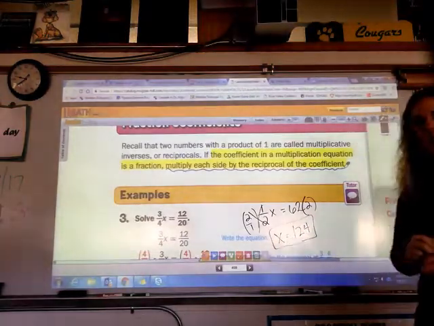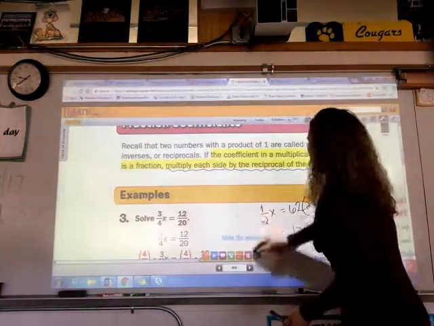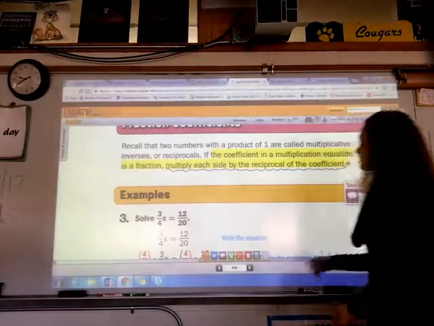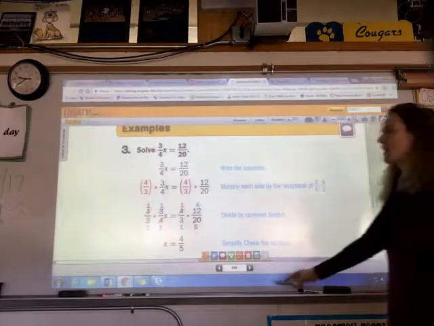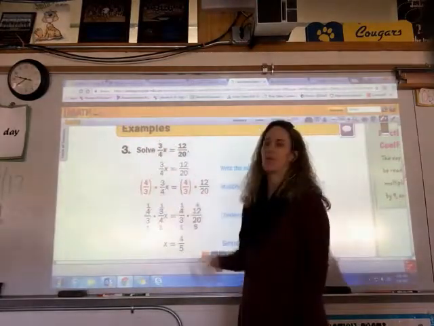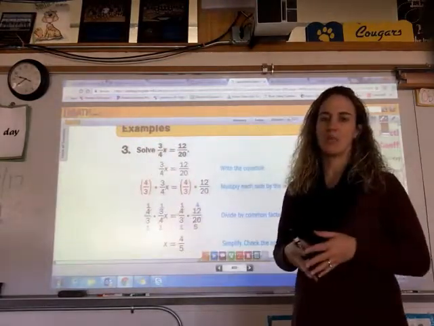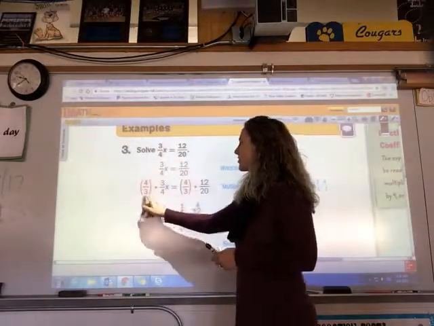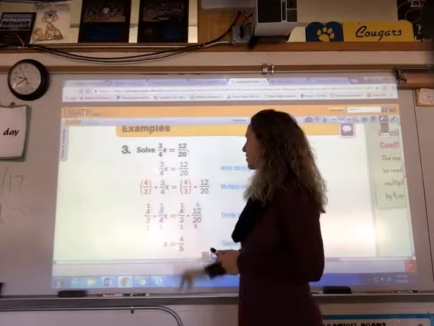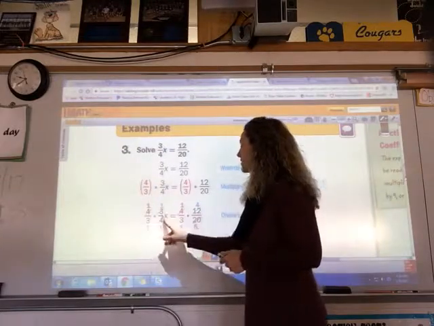Okay, and we're going to look at a couple examples that your book has that we can go through. Example 3: 3/4 x equals 12/20. Again, we have a fractional coefficient, so instead of dividing, you're going to multiply by the reciprocal. Reciprocal of 3/4 would be 4/3, so you can see they're multiplying both sides by 4/3. Those are going to cancel, x is left.